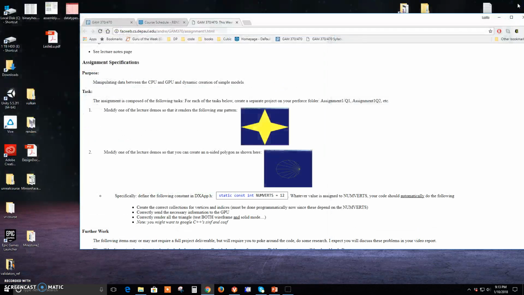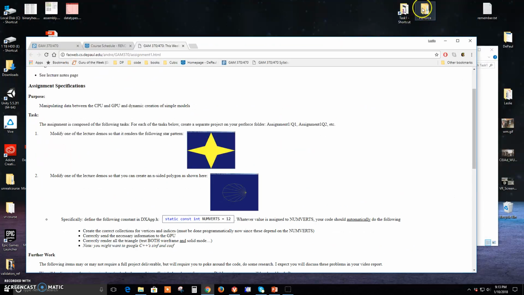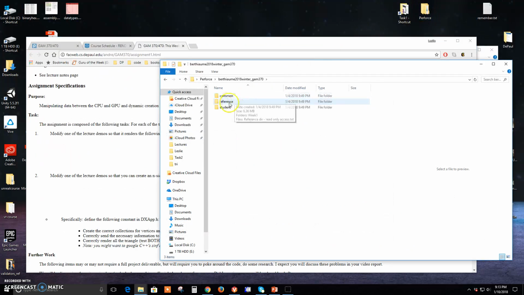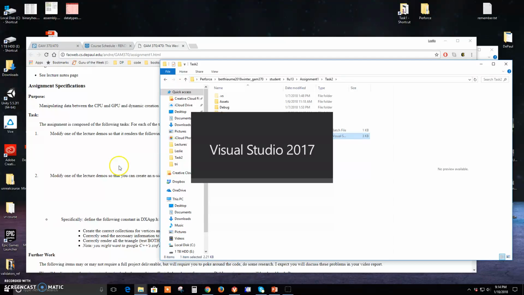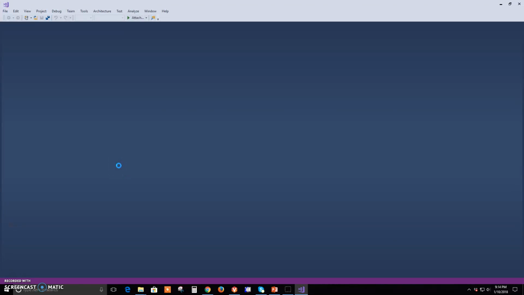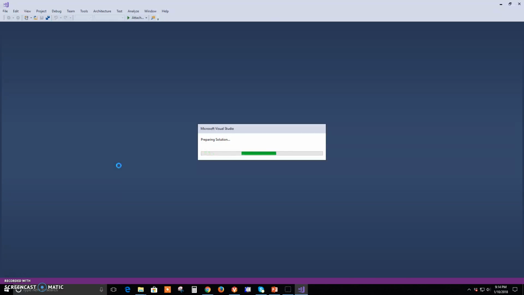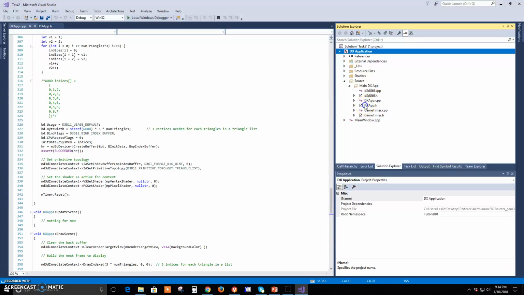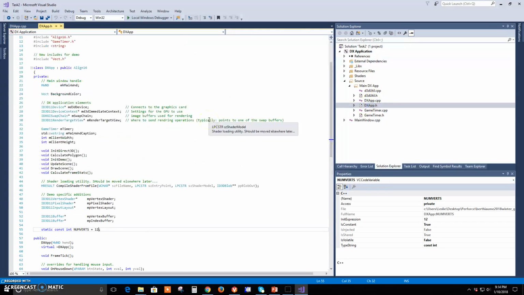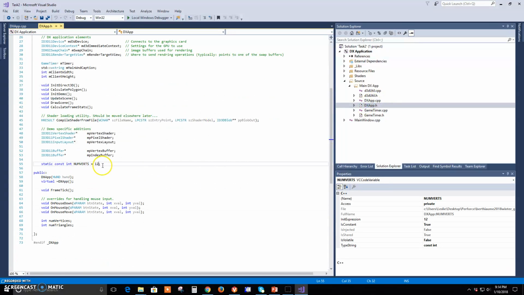Right. Task 2 is to make the n-sided polygon. Let's open that up. Okay, so for numbers, we have it set at 12.